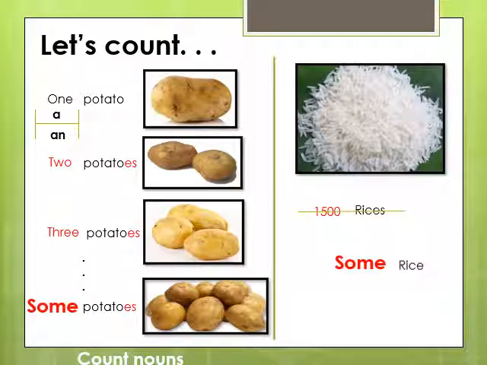On the right you have rice, and it's very difficult to count rice, so it's not possible. This noun is a non-count noun or uncountable noun. So we have two types of nouns, countable nouns and uncountable nouns. Okay.